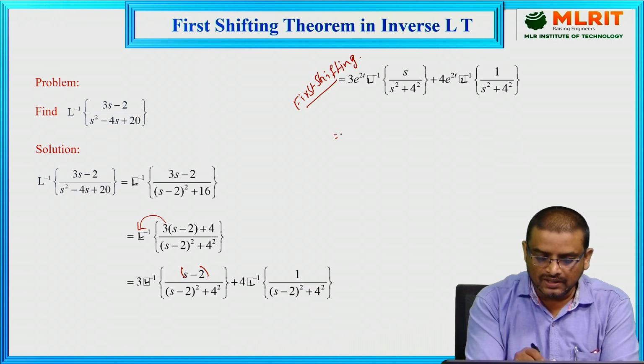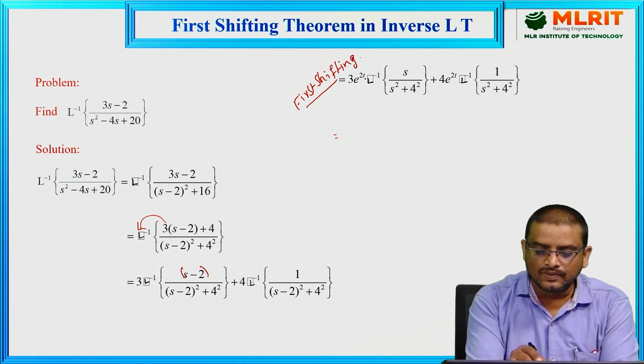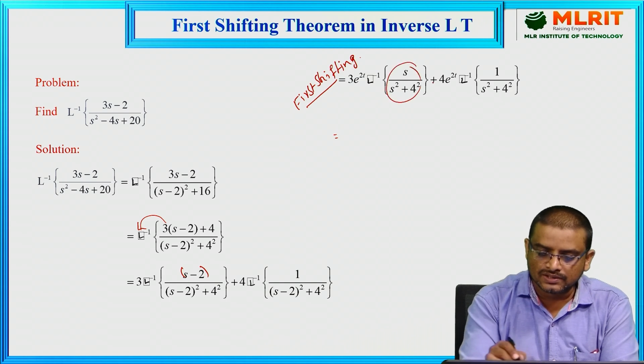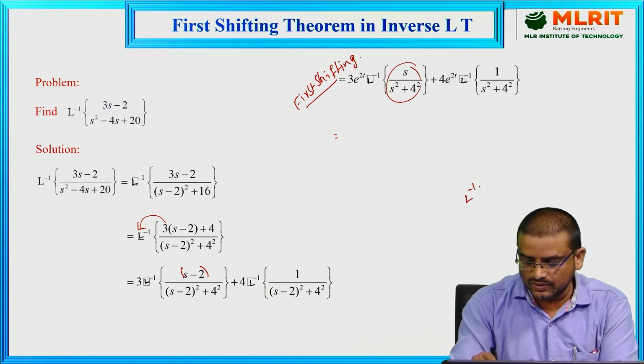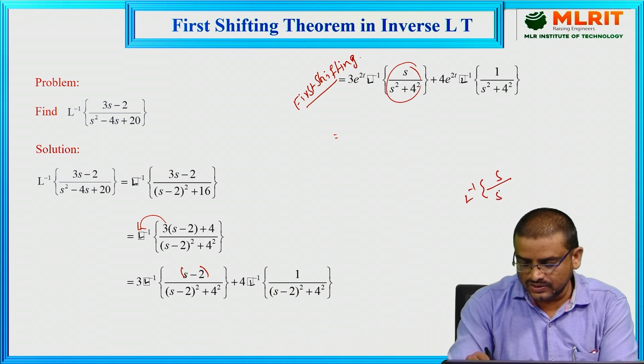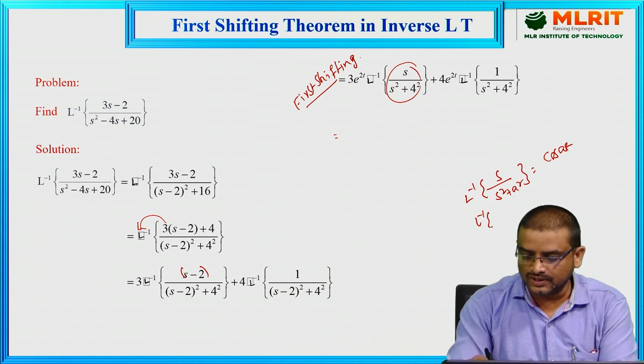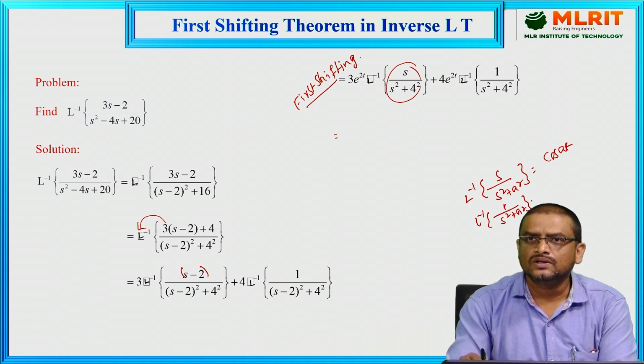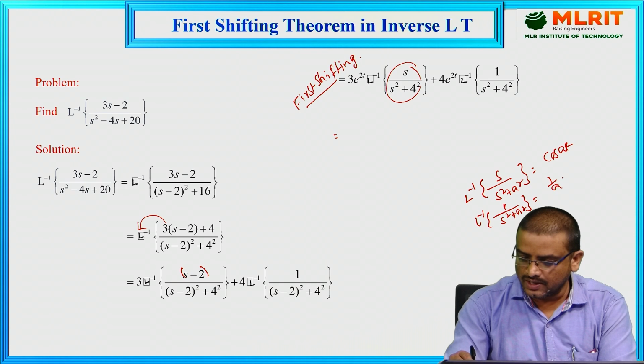Now here directly we have the formulas. L inverse of s by (s square plus a square) is equal to cos at, and here we have one more formula, that is L inverse of 1 by (s square plus a square) is equal to 1 by a into sin at.